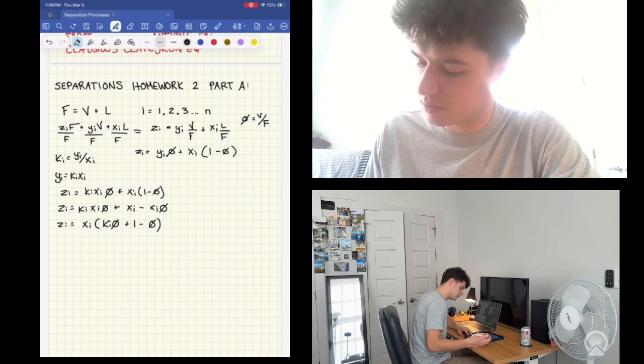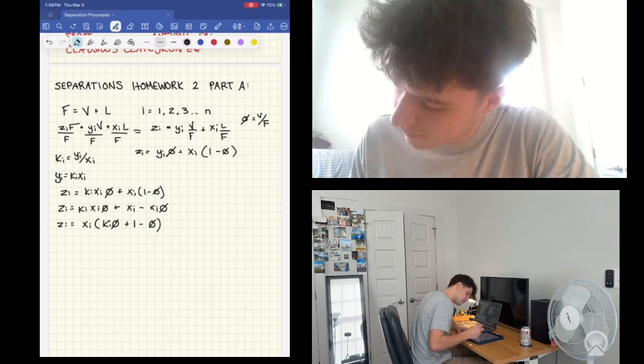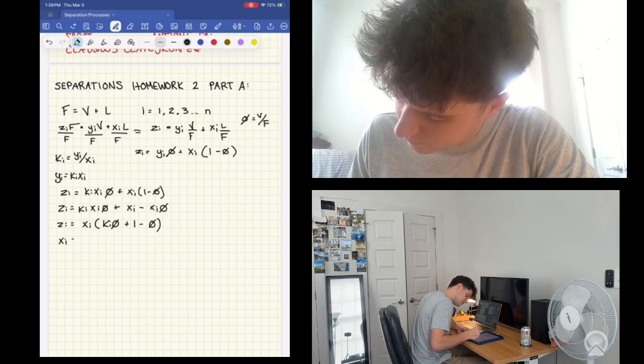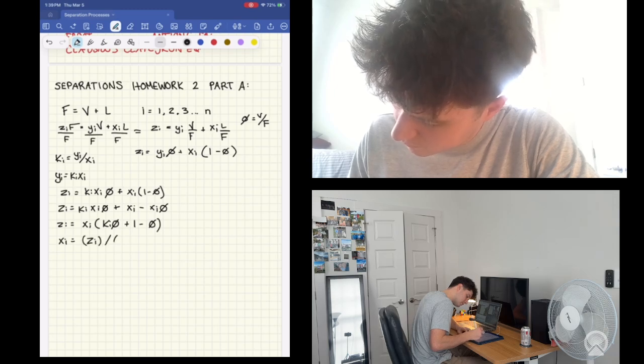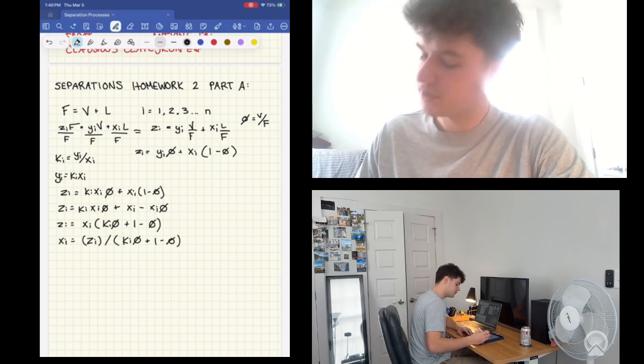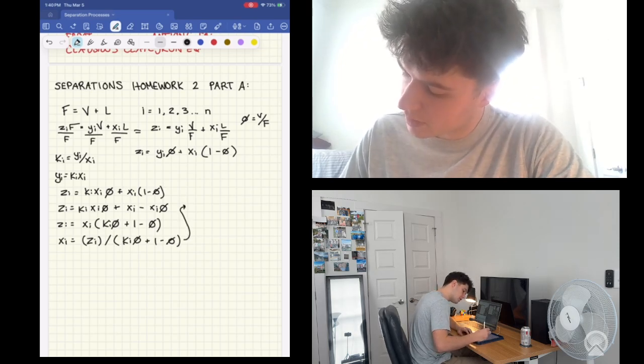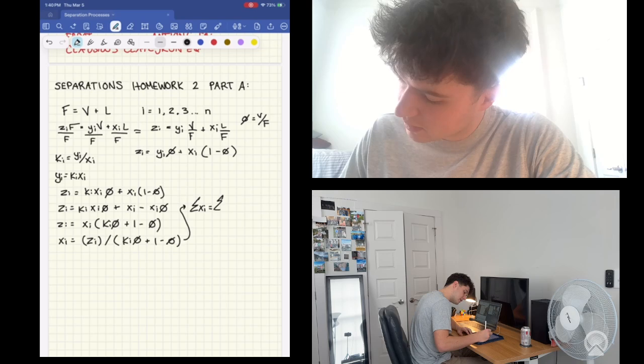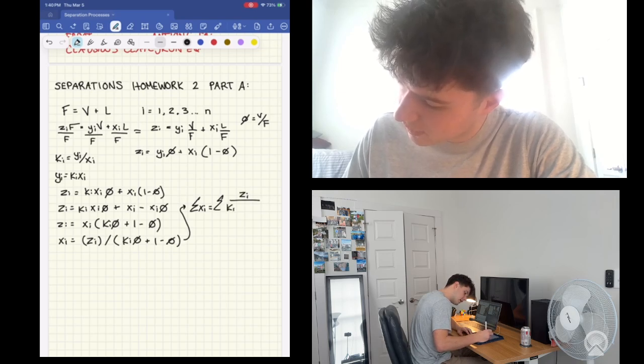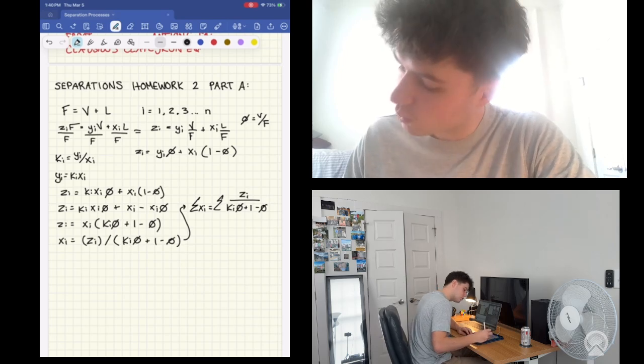And the last step would be to get x_i by itself. Now, the final step is going to be, I'll draw this up here, the summation of x_i on one side, take the summation of the other side, which is z_i over K_i phi plus 1 minus phi, and that is actually going to come out to 1.